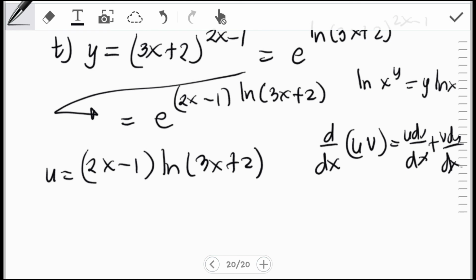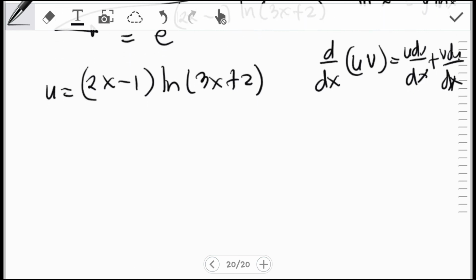Find du over dx here: u is 2x minus 1, and dv over dx, where v is ln of 3x plus 2, applying the chain rule, is the derivative of 3x plus 2, which is 3, over 3x plus 2.